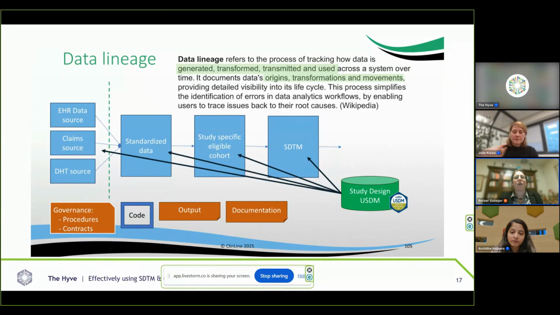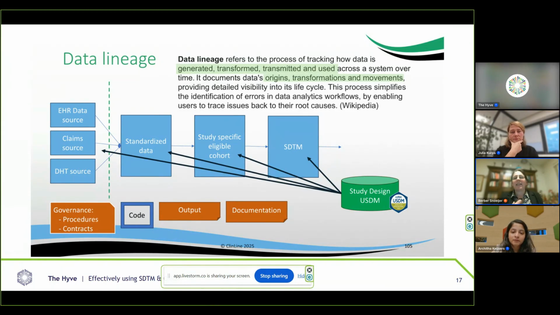It includes the origins, the transformations, the movements, and that provides detailed visibility into the life cycle. So if you have a data point at the end, you know, okay, this is where it's coming from, and these are all the steps in between.